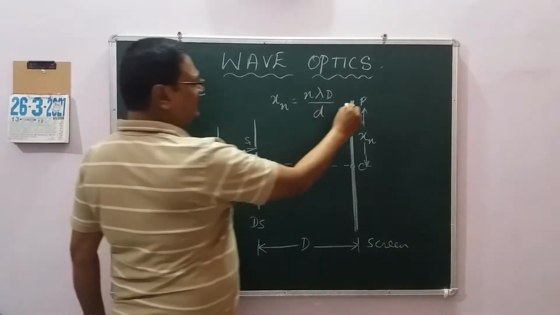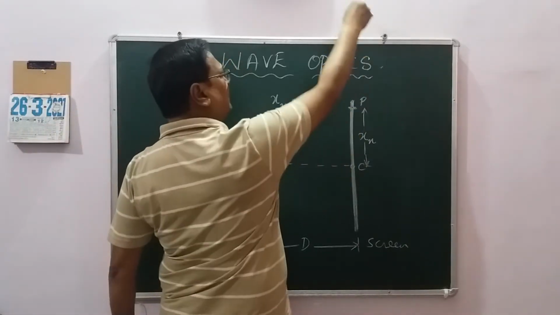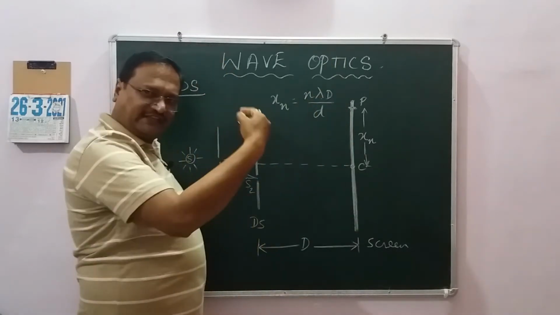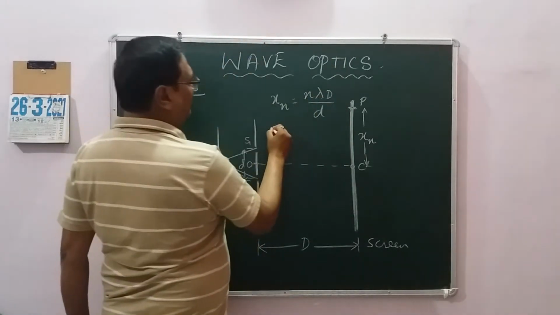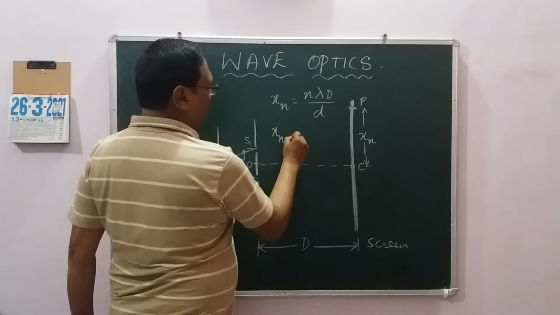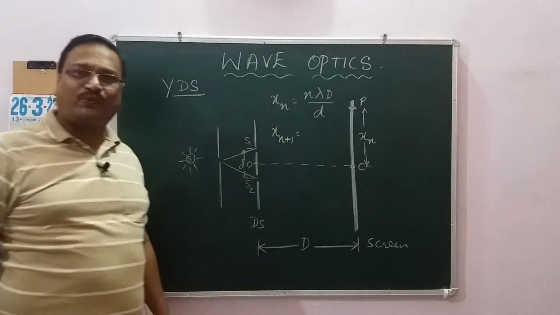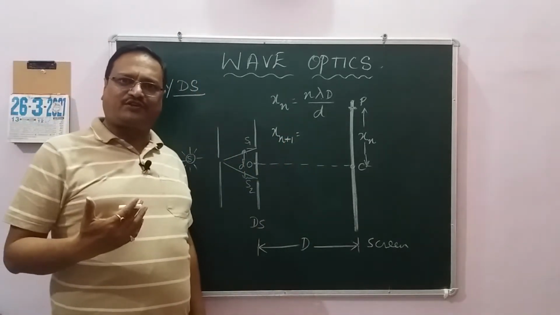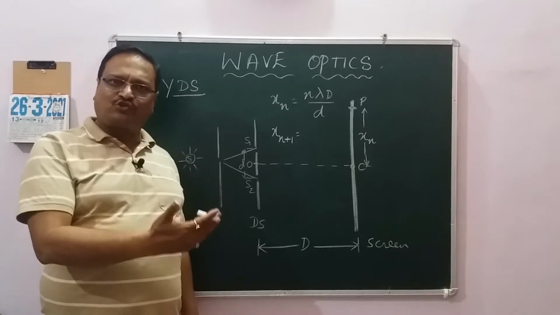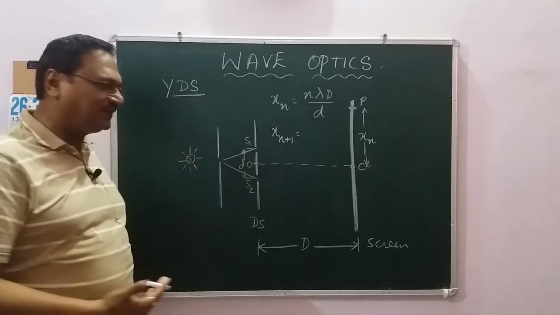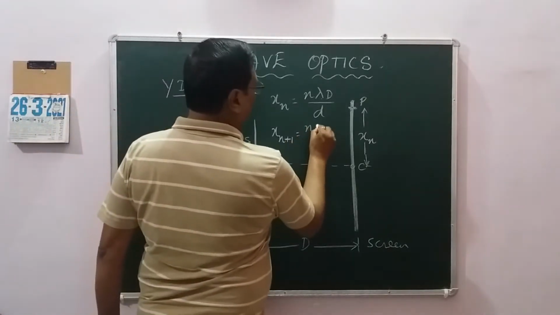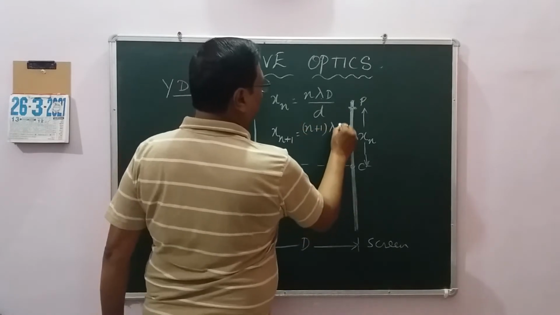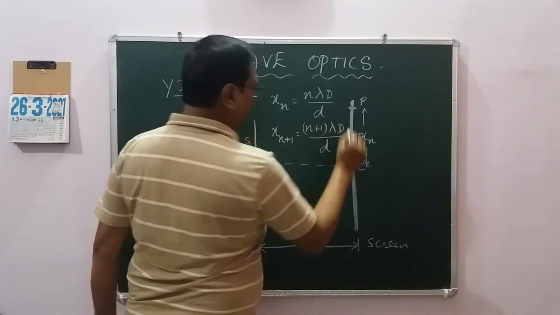Now this is the point P. If I take the next point Q, that is the very next bright fringe, that will be n plus 1. How do I say n plus 1? If I take the sixth fringe, the next fringe will be the 7th, so I can write it as 6 plus 1, which is 7. So (n plus 1) lambda D upon small d.